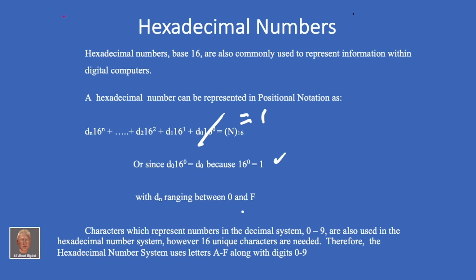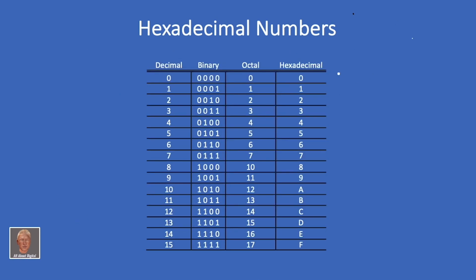Okay, there are 16 unique digits in hexadecimal. We'll talk about the letters that make up 10 through 15. So here's the chart that describes the hexadecimal digits with respect to octal, binary, and decimal. As you can see, there are 16 digits: 0, 1, 2, 3, 4, 5, 6, 7, 8, 9.